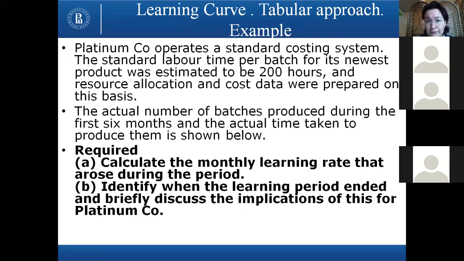We know the standard labor time per batch for a new product. It equals 200 hours. And using these standards, the resource allocation and cost data were prepared on this basis.